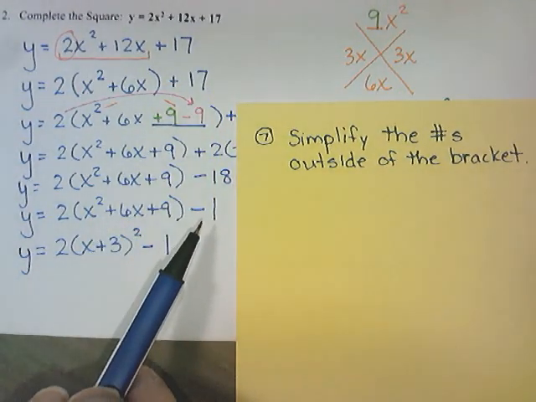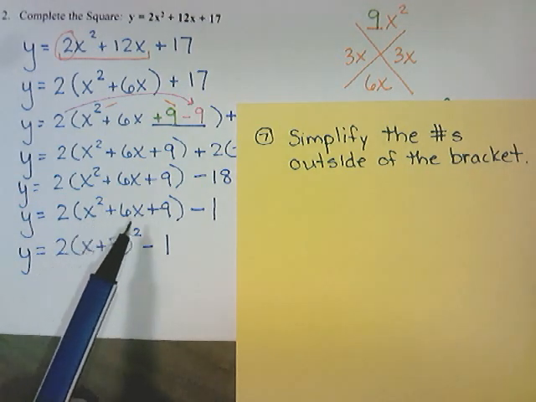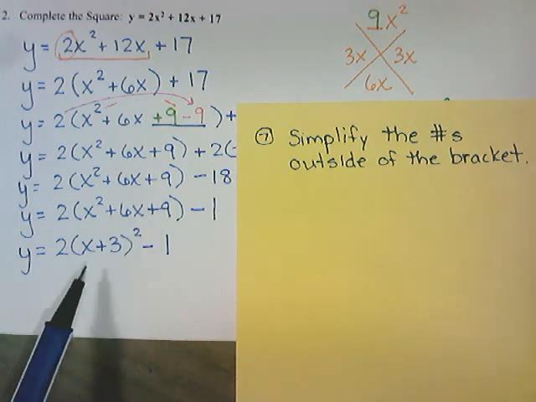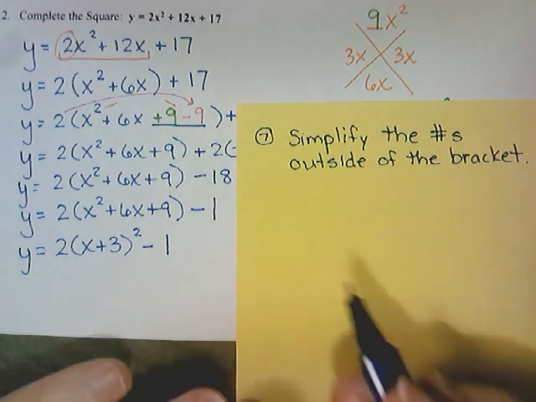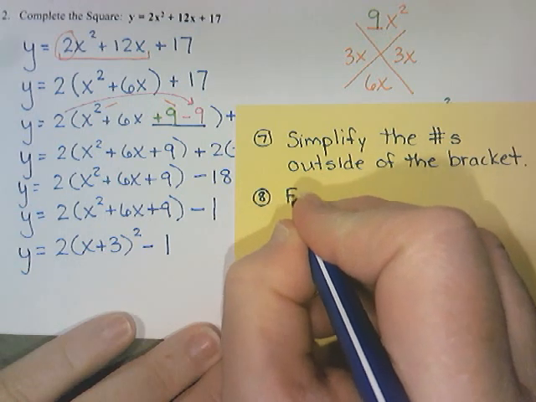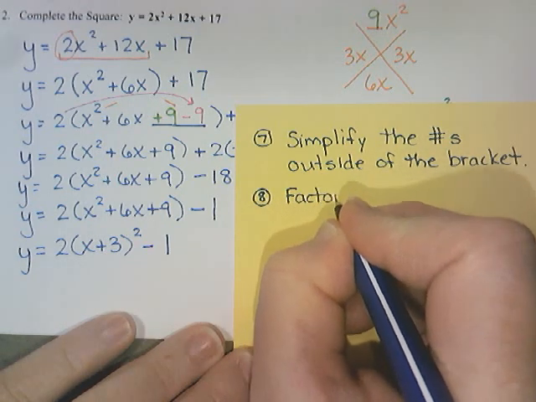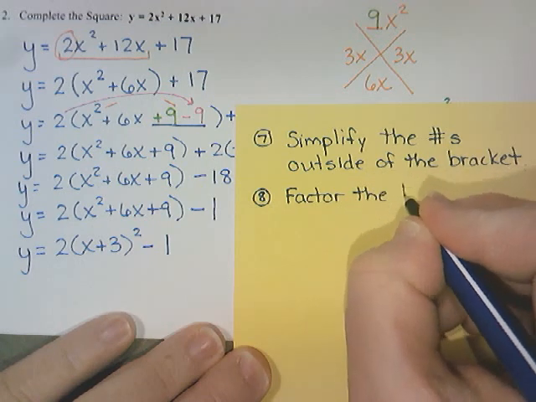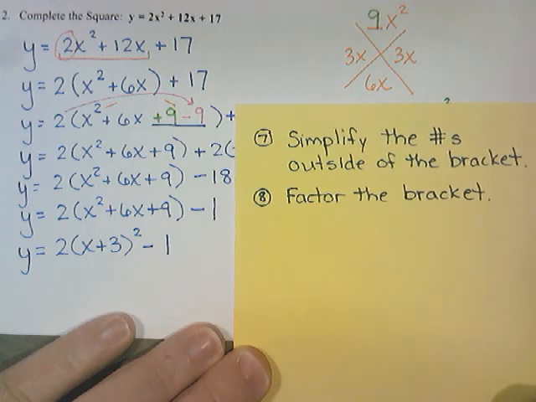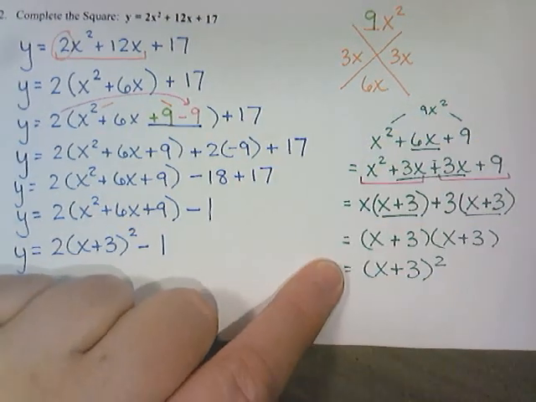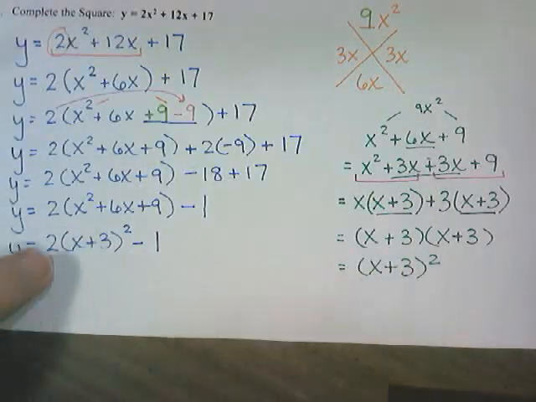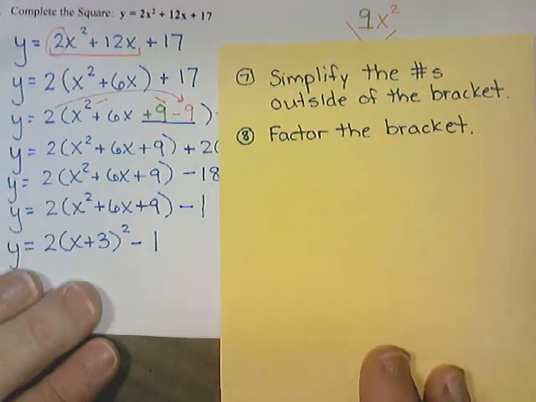That got me to here. And then our last part, we needed to take x squared plus 6x plus 9 and factor it. So last step 8 is to factor the bracket. And that work I did there, I'll put that back in a second. We factored it off to the side, and then we just wrote our final answer in there.